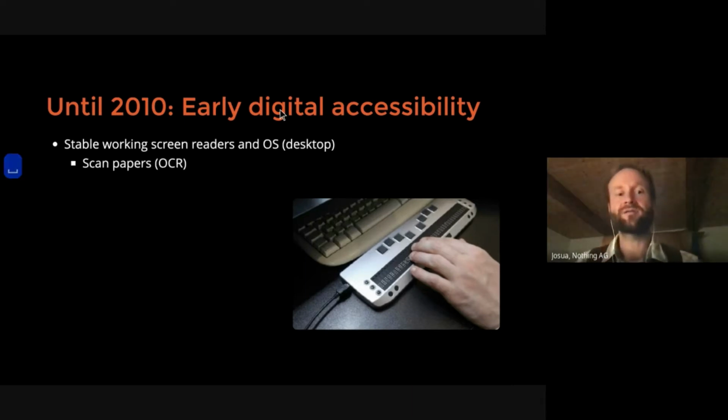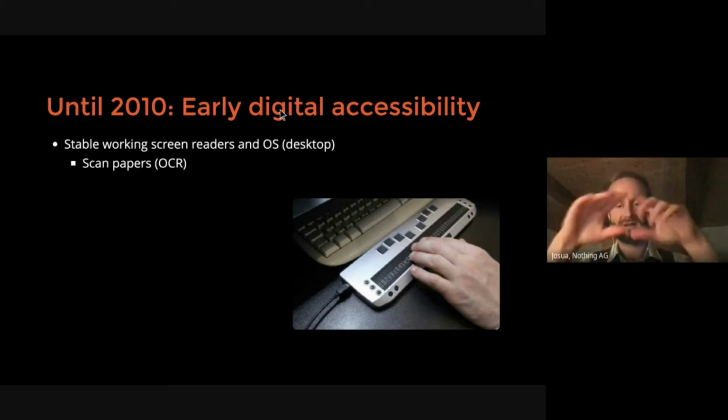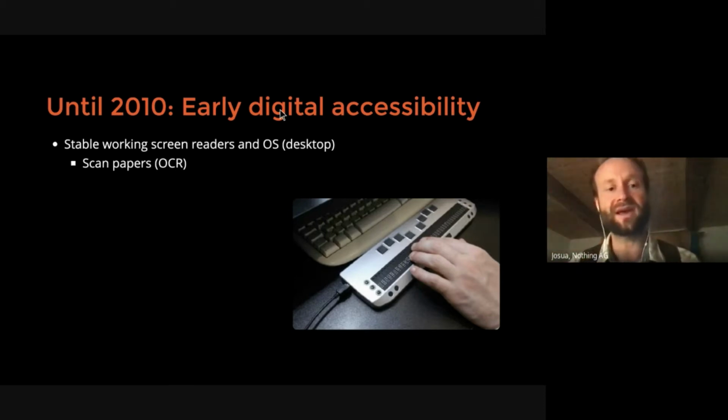Also, we can now scan papers and use optical character recognition to transform it into text, and again use a screen reader to read aloud this text to you. So this is the very first moment in history that a blind person is able to consume a printed letter or a newspaper.